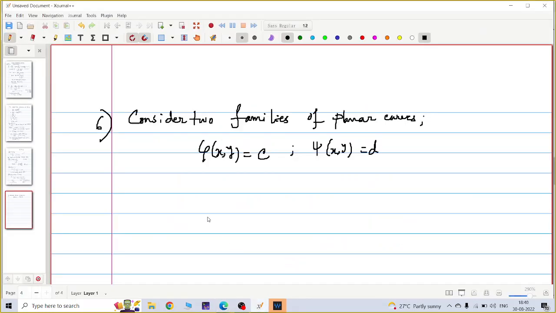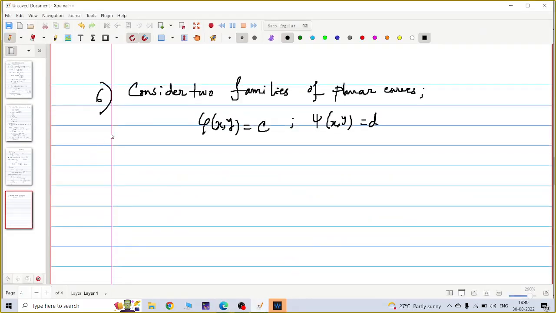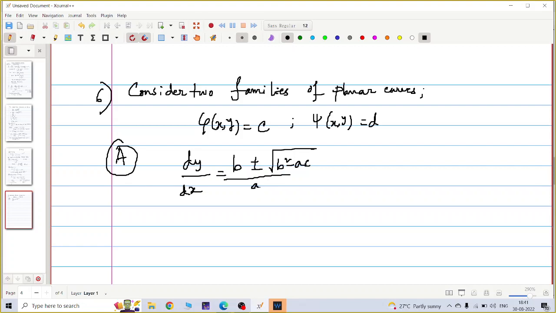First tell me, how do we find the characteristic curve, from which equation? This equation: dy/dx equals (b plus minus square root of b square minus ac) by a. From this equation, you find the two characteristics, phi and psi.